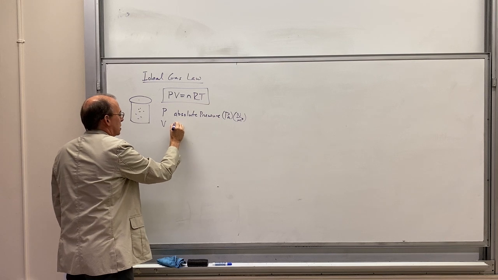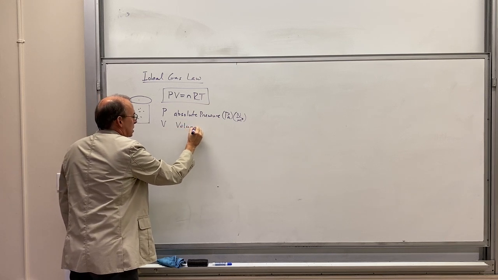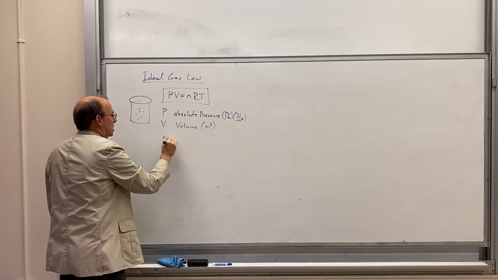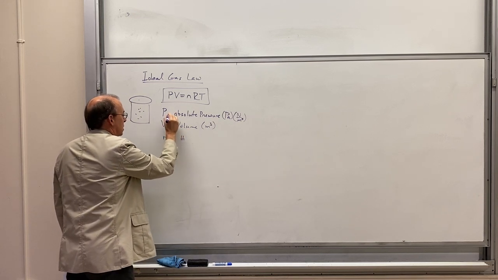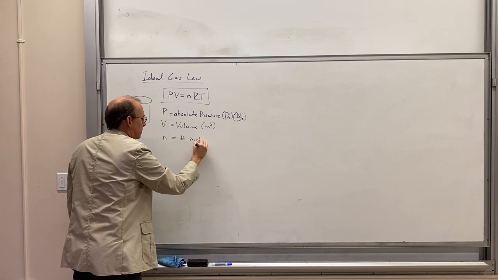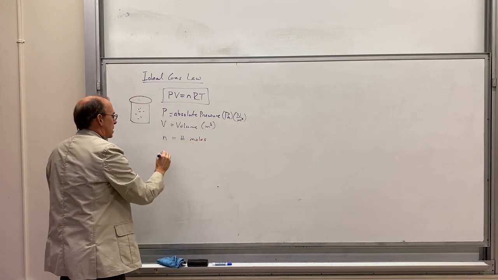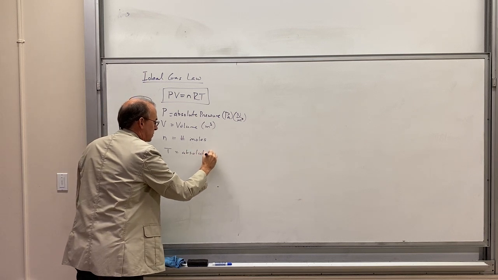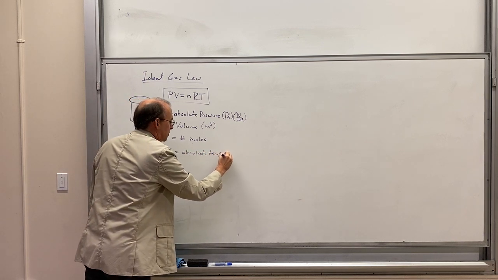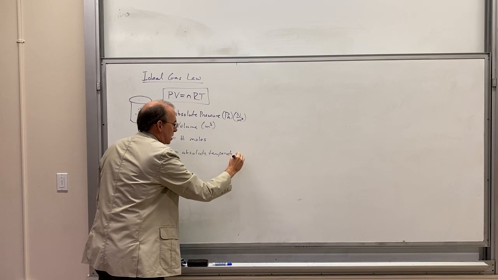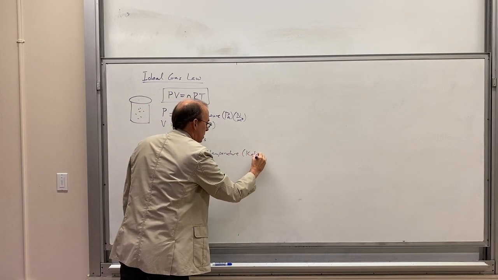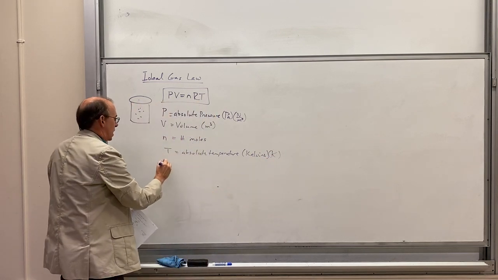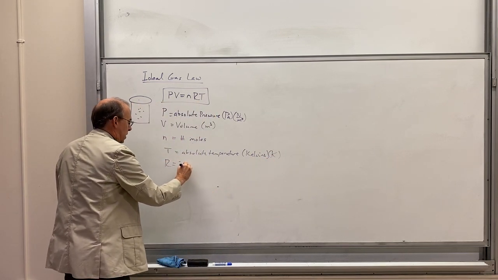V is volume in meters cubed. n is number of moles. T is absolute temperature. So that's temperature relative to absolute zero in kelvins, so K. And R is something called the ideal gas constant.